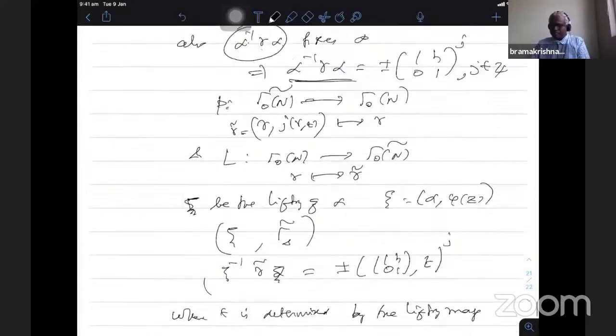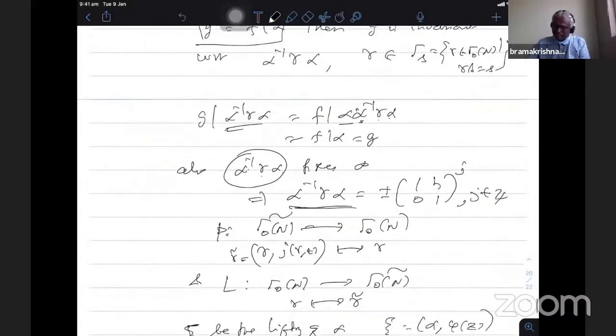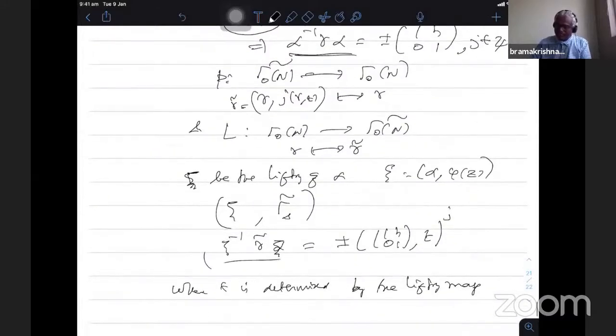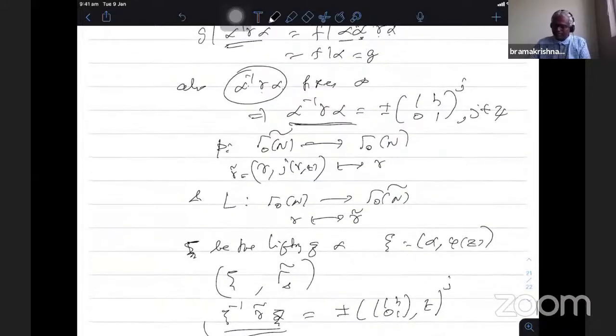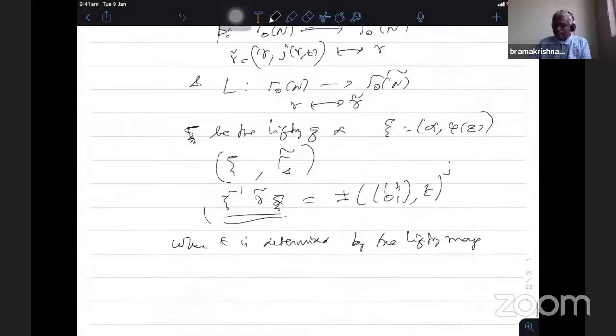If you do that calculation, I can start with this kind of matrix, introduce these liftings, and compute this, because I know psi alpha inverse gamma alpha is an element that fixes gamma infinity. Therefore, I know the lifting of that one, and between the individual lifting and multiplication there will be a difference of one root of unity, that will be your t. So when you do the calculation, t will be determined.